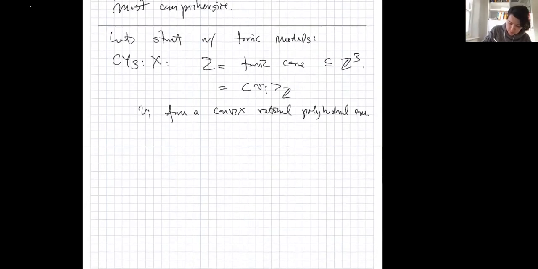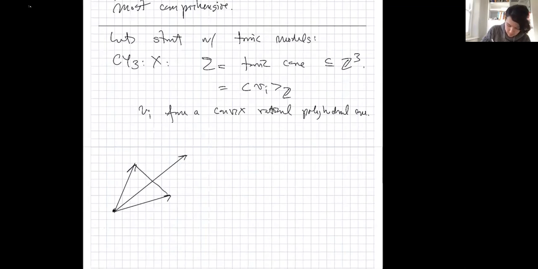So in concrete terms, the way we'll think about these v_i is they have a common origin, and they're just some lattice vectors going out into Z^3. So there's a 3D picture. And the dictionary here is that the divisors are the rays. So they're generated by these vectors v_i.